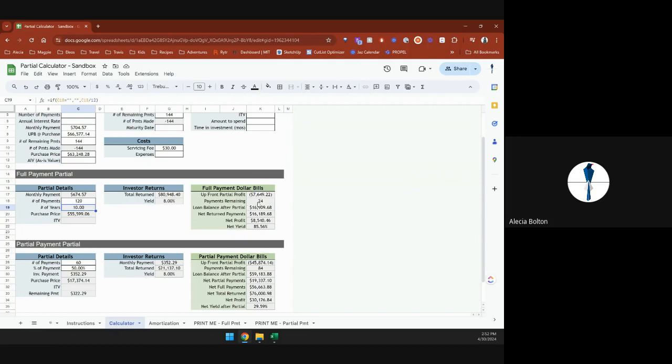And when the note reverted back to me, when I'm set to retire, I have 2 years of payments left, and my net yield is 85%. So one of the really powerful things about partials is it can up your yield by quite a bit because of the money that you're putting into it, in this case, $7,500.